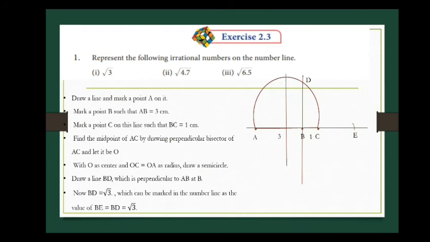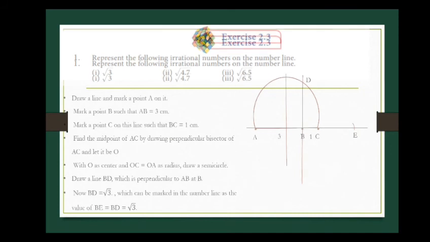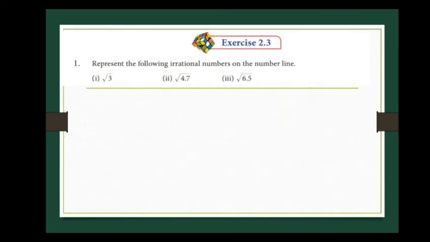Now we have to move to the second one, root 4.7. To represent root 4.7, we have to draw a line and mark a point A on it. Now we have to represent root 4.7, right? So how many centimeter we have to measure?